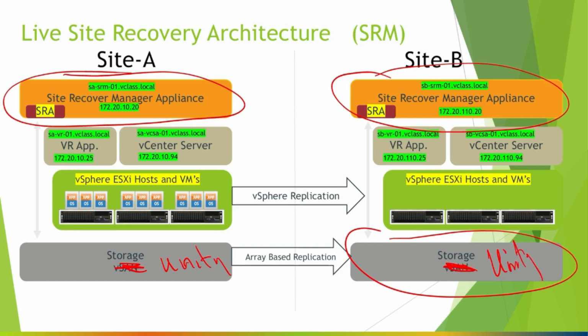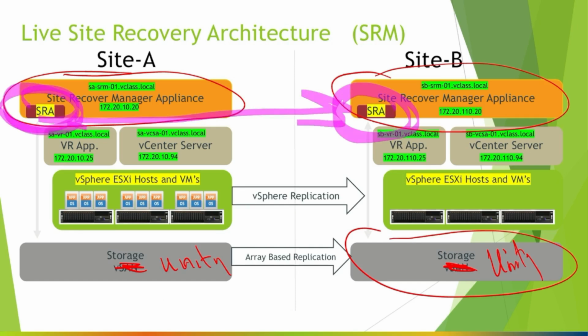All right? So how do I tell Site Recovery Manager about it? There's a thing called the Storage Replication Adapter. Just think of it as a plug-in. It's actually a container that gets installed on the appliance, so it can now talk to the storage and say, oh, hey, you've got these volumes, these ones are being replicated, blah, blah, blah. Okay?